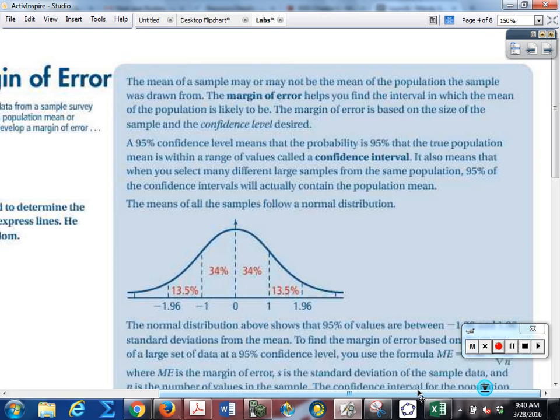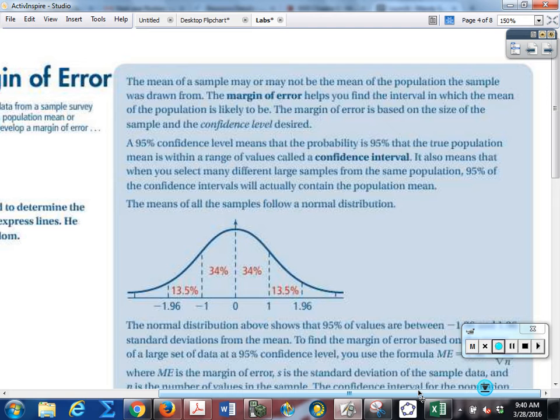So the margin of error is based on the size of the sample. So the bigger the sample, the smaller your margin of error, right? And it depends on how confident you want to be that it falls within that number. So right now we are only going to talk about being 95% confident. So if we want to be 95% confident that the mean in our sample is the same as the mean of the population, there's a certain formula for it.